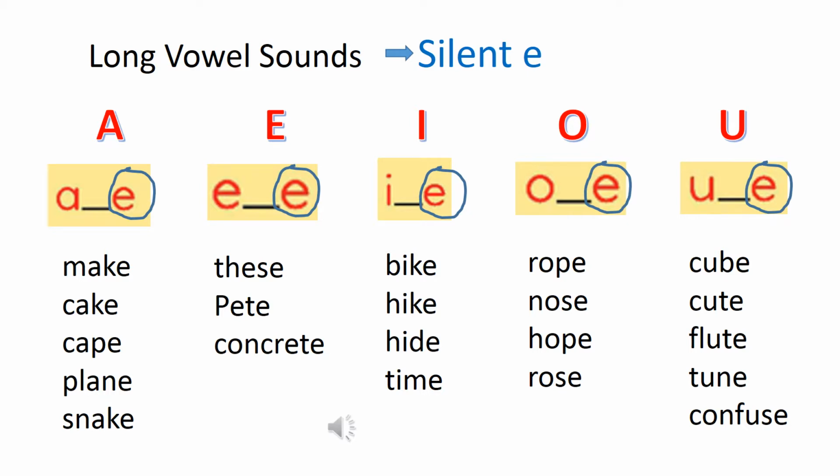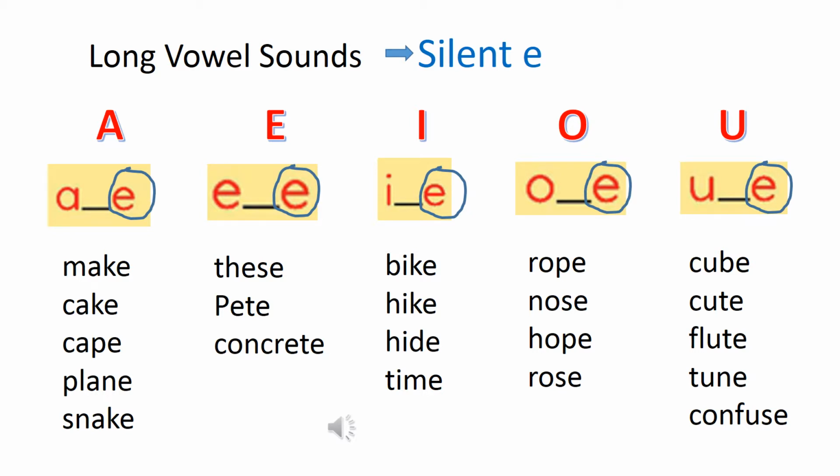On this page, I've given you more examples of how that silent E makes the vowels have a long sound. So under A, these words have a long A sound because of the silent E. Make, cake, cape, plane, snake.